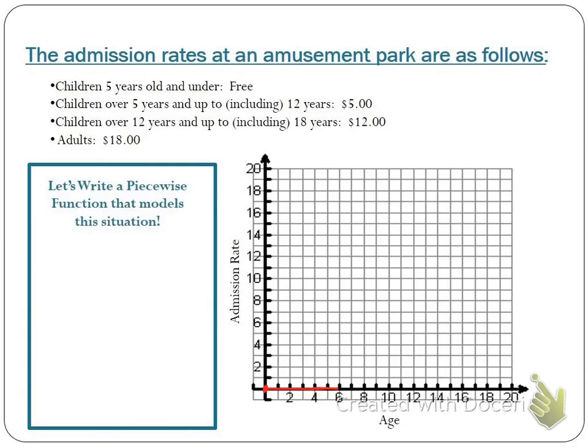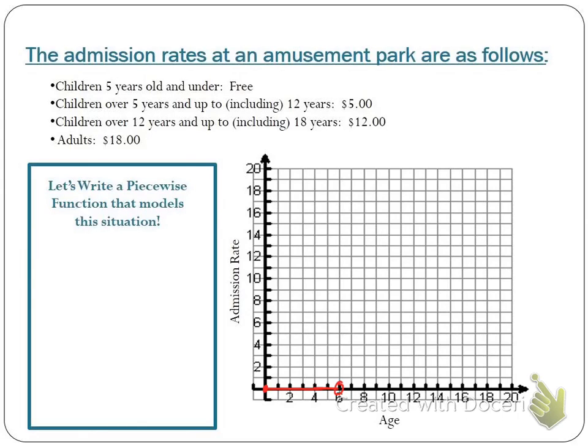Since we don't want to include 6, it kind of goes back to those inequalities that we graphed in Algebra 1 on a number line. If there's a number that we want to show on that graph but not include, we always put an open circle. Right? So that says we're going to go all the way up to 6, but 6-year-olds are not in the free group.